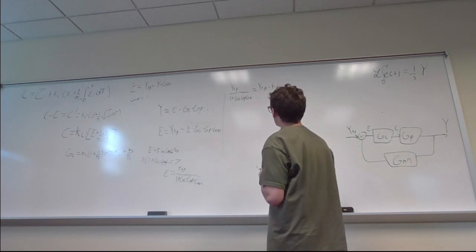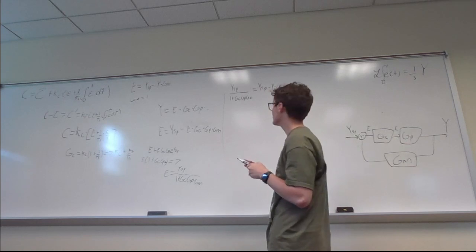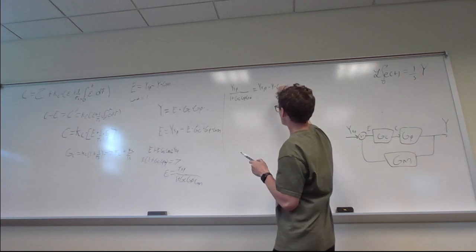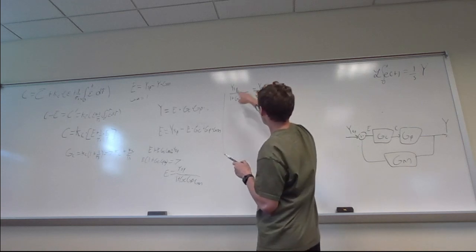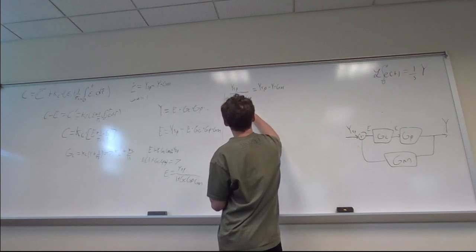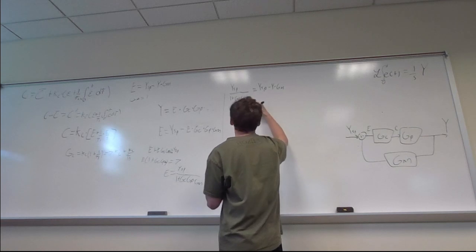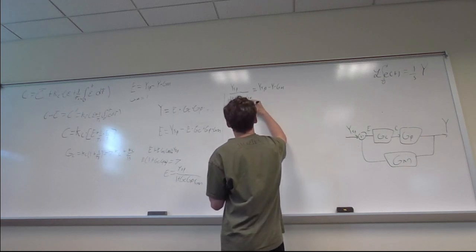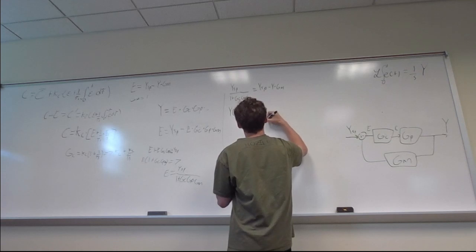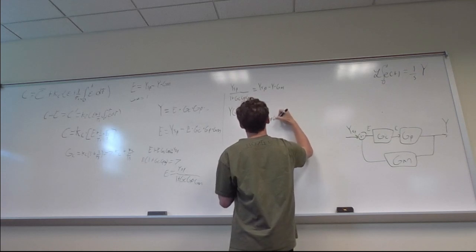Okay. So now we have to factor it all out. So what we're going to do is add this mess to this side, subtract it from this side, so we're going to get Y GM equals Y_SP minus Y_SP over 1 plus GC GP GM.